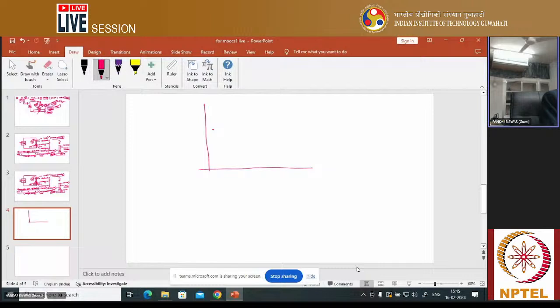Let us consider that this horizontal axis is your current and this vertical axis represents your voltage. The arc source characteristic is considered as a straight line. This maximum voltage is known as open circuit voltage, which I am writing as V0, and the maximum current when the voltage is 0 is called short circuit current.